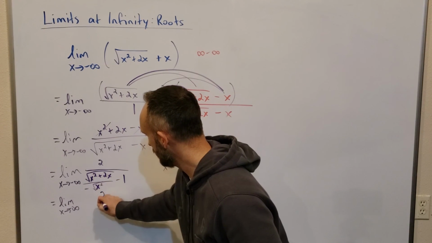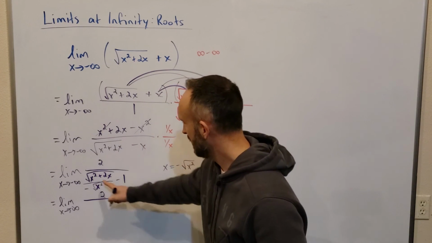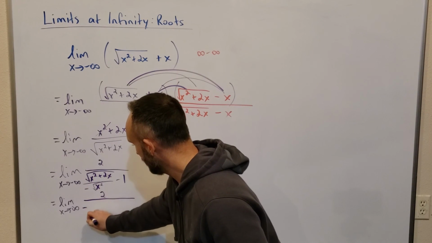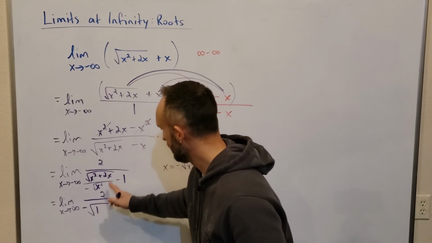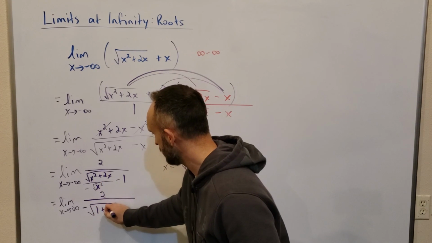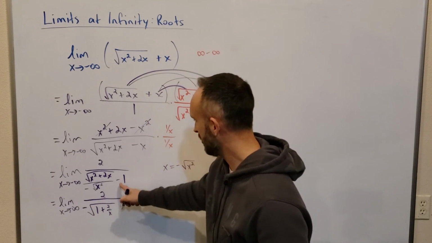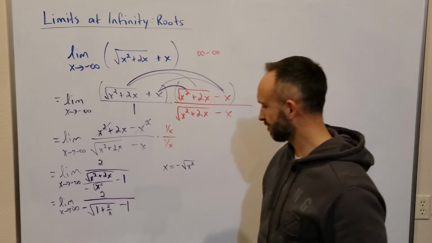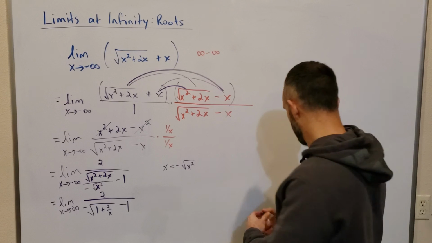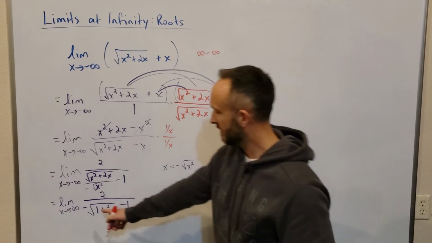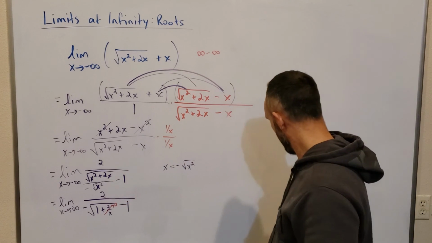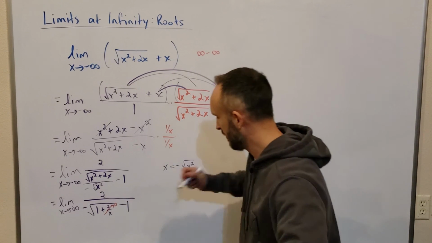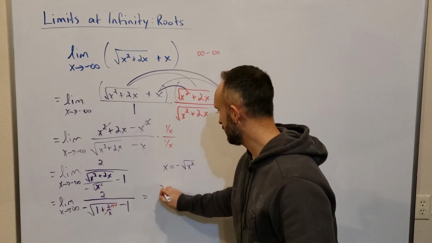So on top I've got 2. On bottom I've got negative, and I've got this big square root. x squared divided by x squared is 1. 2x divided by x squared is 2 over x. And then I just carry down the minus 1 here. Finally, let's finish this off. As x goes to negative infinity, this ratio goes to 0, and we end up with, on top we have 2.